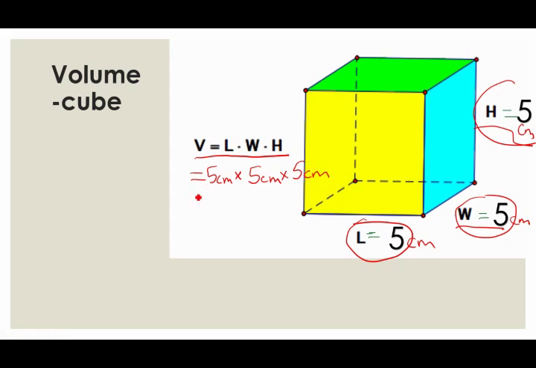So 5 times 5 is 25 centimeters squared times 5 centimeters, and when we have 25 times 5, we get 125 centimeters to the third. When we calculate volume, our unit of measurement is always going to be to the third power, which just means cubed.